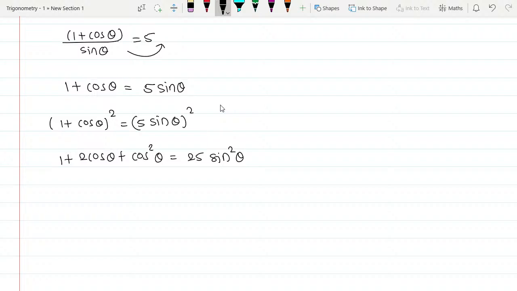Here there is a cos term which cannot be converted into sin directly, but I can convert this sin square into cos square. So let's take the RHS and convert that into cos. So this becomes 25 into 1 minus cos square theta, which is nothing but 25 minus 25 cos square theta.